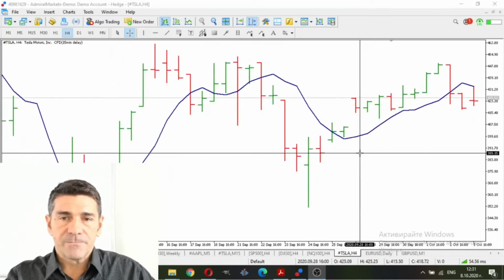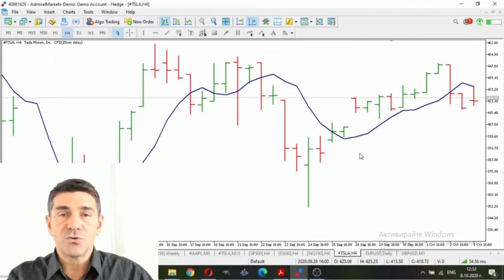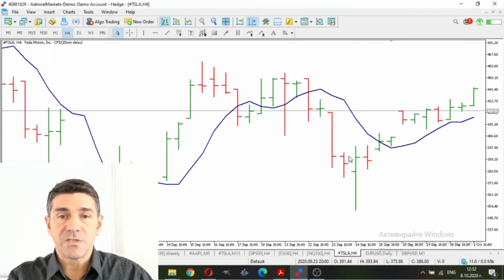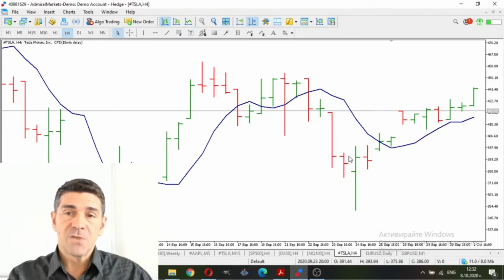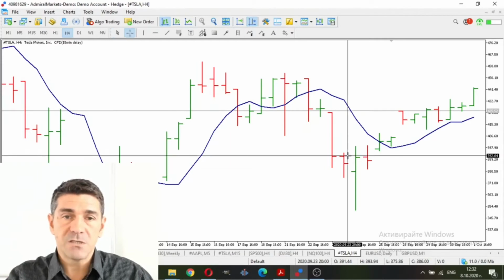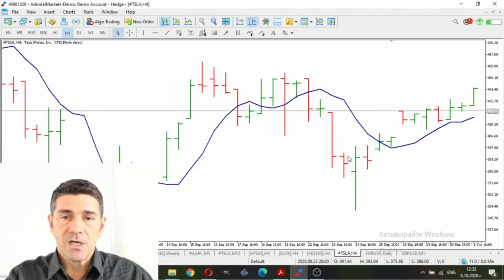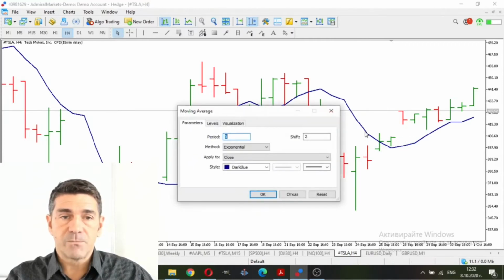Okay, let's start from here. I'm going to use a couple of examples, pretty simple examples, in order to show you what a moving average actually is. So I'm going to use this one. It's a pretty simple 5-period simple moving average.